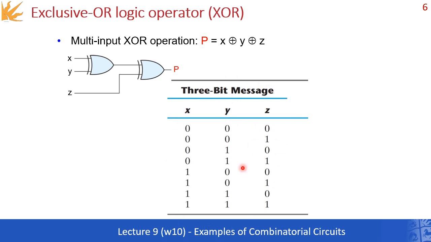In this table that you got over here, we got all the possible combinations of X, Y, and Z. Now, by applying the XOR operation, we're going to produce the parity bit for all these possible sets here.